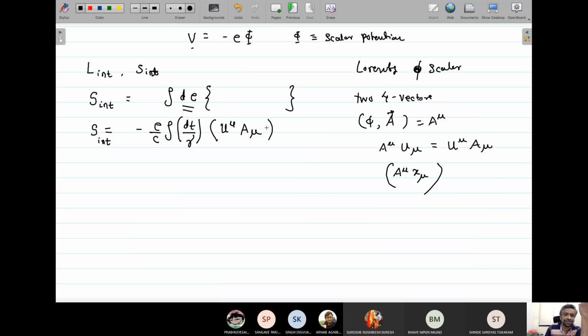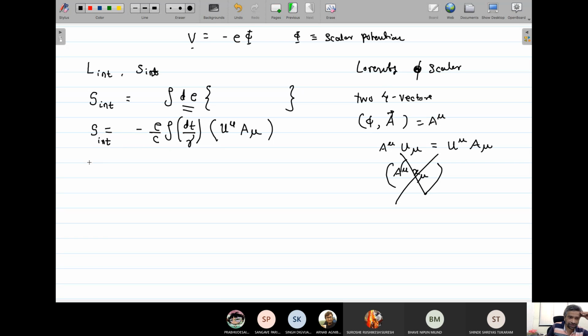Your free part is translationally invariant, but this is not, since it depends explicitly on the coordinate of the charged particle. So I exclude this part. Okay, so this is my action.